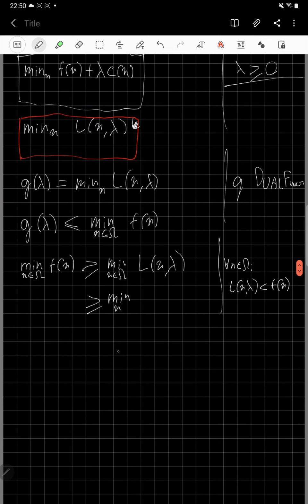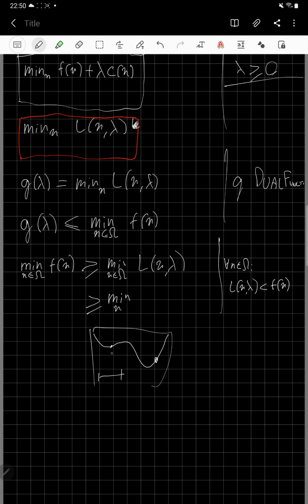Why? I think this is obvious, but for example, imagine that the minimum outside is here and the minimum inside is here. This would be our function. Maybe this is the feasible region.